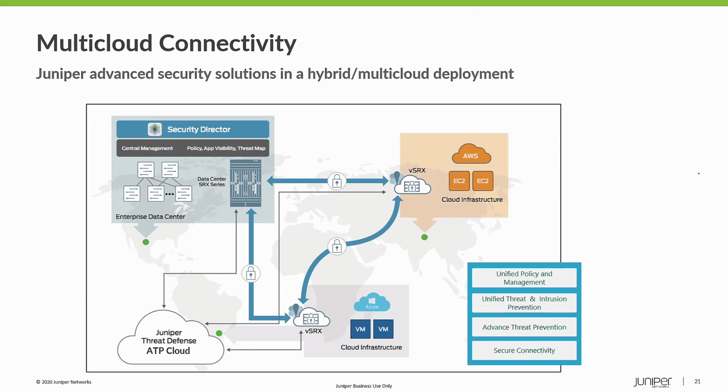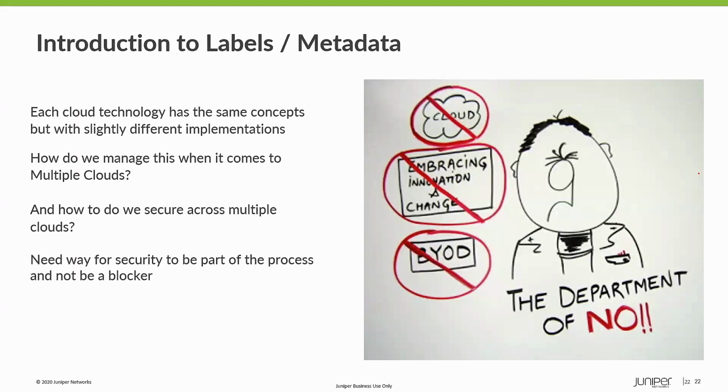They can take their existing management systems, like Security Director, which we can use for managing our SRX firewalls. They can take their existing policies, even a lot of their existing procedures, and just by parking their resources in the cloud, protecting them with the vSRX, they can extend their existing security, including advanced threat protection, which we were just talking about, to secure those cloud workloads. So we're overcoming some of that complexity.